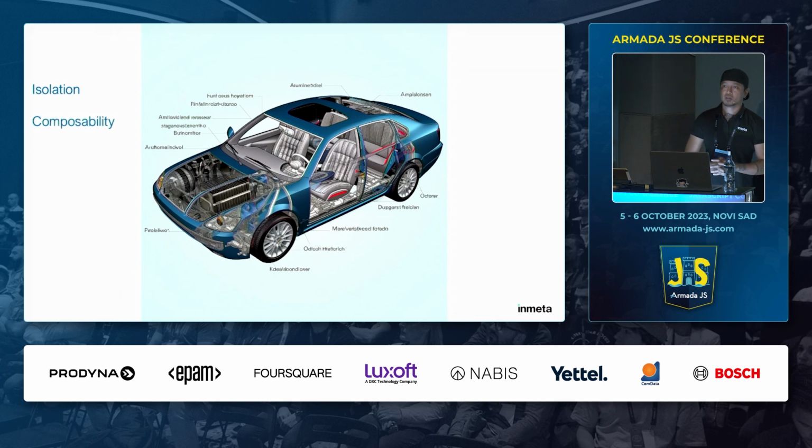Another one, composability. So clear boundaries for each individual component, and they're able to compose each piece together to create a fully functioning feature, right? Another one, reusability. In reusability, we can reuse the same components.